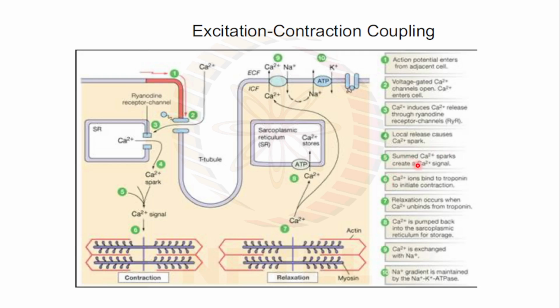Then the summed calcium sparks create a calcium signal. Now as the calcium is entering from outside also, and the calcium present in the sarcoplasmic reticulum is also getting released inside the cell, together they will create a calcium signal. Then this calcium ion binds to troponin to initiate the contraction.